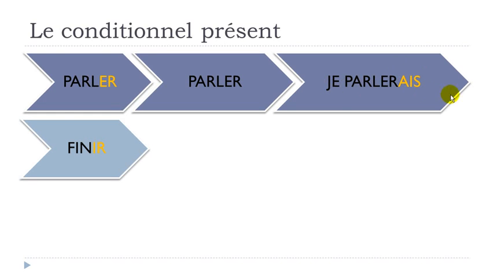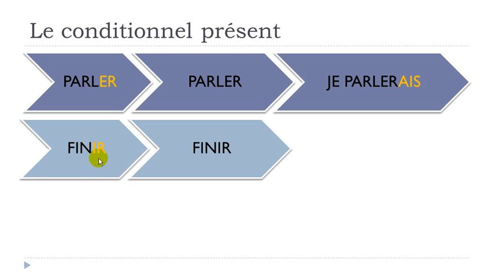Second group, so verbs ending with ir. Be careful, not all the verbs ending with ir, but a quite decent amount of them belong to the second group, but then still it will be quite easy because it is exactly the same way.